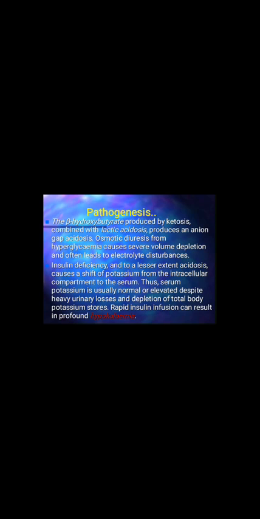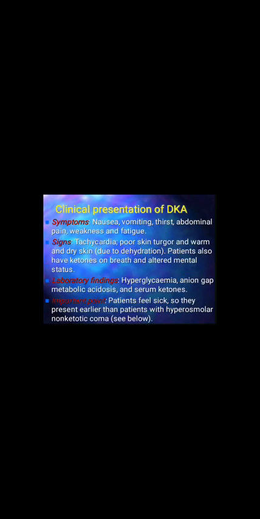So what are the clinical presentations of DKA? The symptoms you'd look at are nausea, vomiting, thirst, abdominal pain, weakness, fatigue, and many of that. And for the signs, we shall get tachycardia, poor skin turgor, and warm, dry skin.